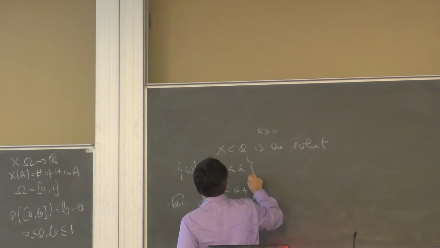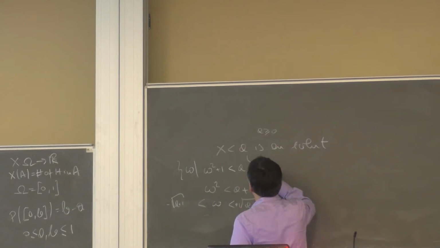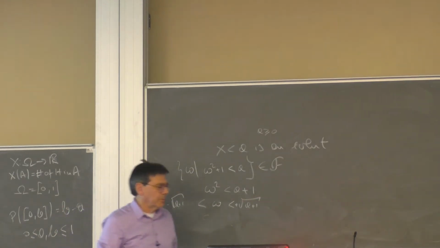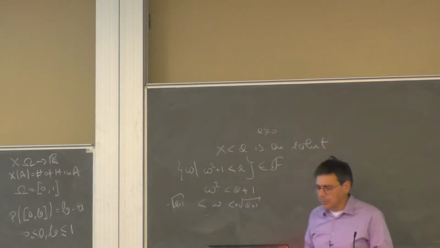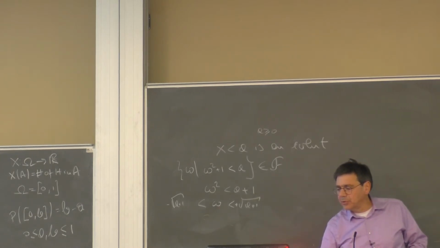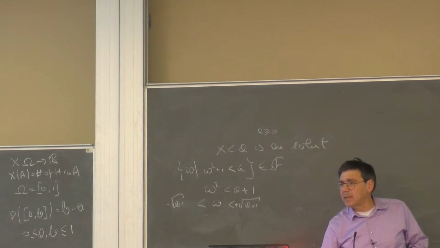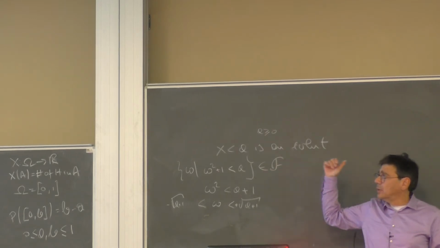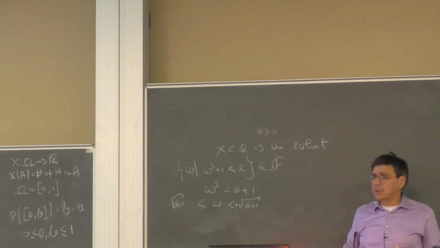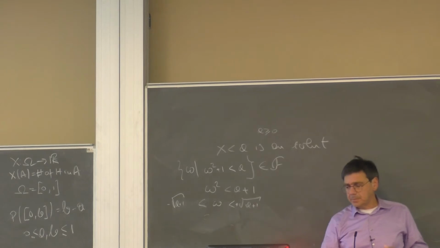This is a Borel set, which is another way of saying this is an element in F. This is an element for which you can define probability, a uniform distribution probability. Okay, again, I don't want to go into the details of this. All I'm saying is that here's an example of a random variable, and you should be able to connect what I'm showing you here with the definition of random variables.